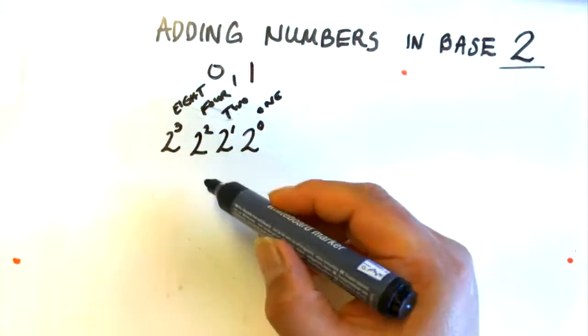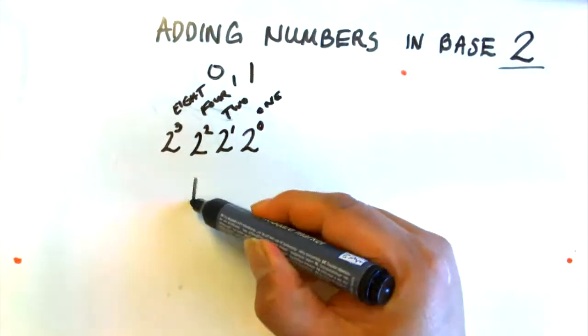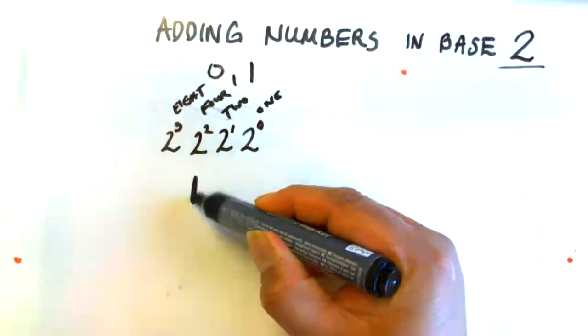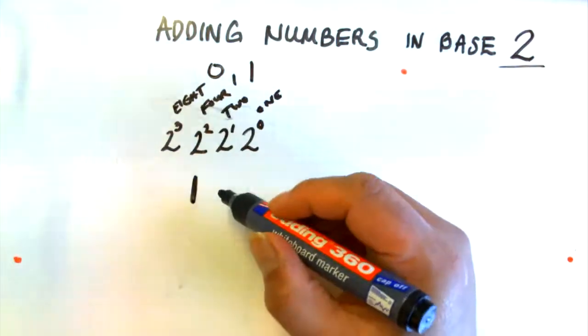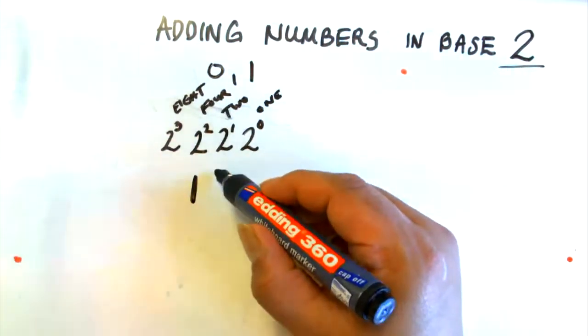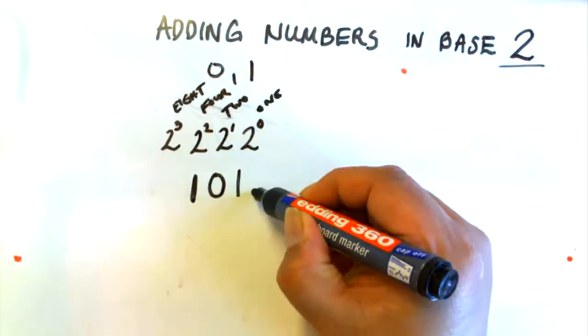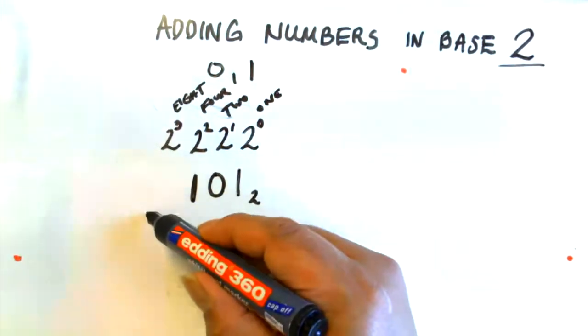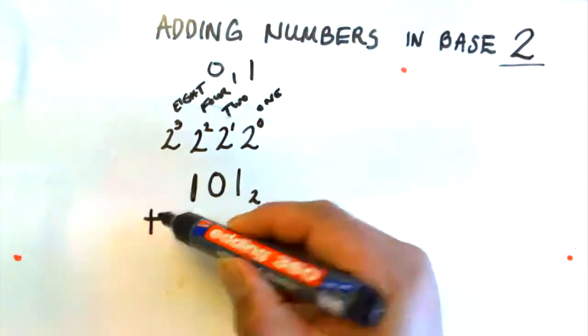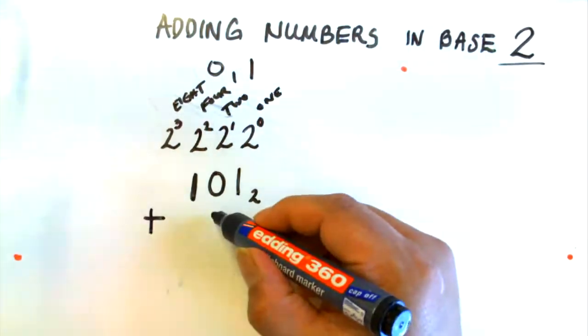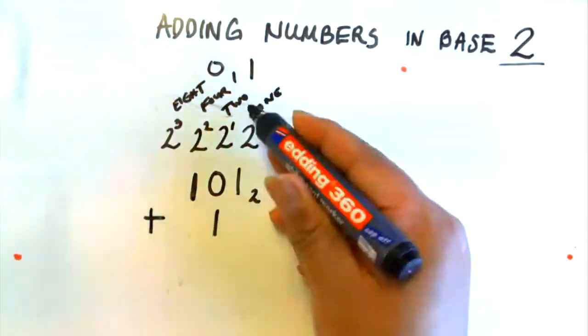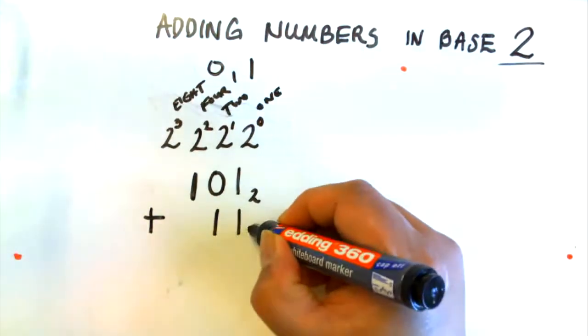Let's say we have one group of 4, 0 groups of 2, and 1 group of 1 in base 2. We're going to add one group of 4, 0 groups of 2, and one group of 1.